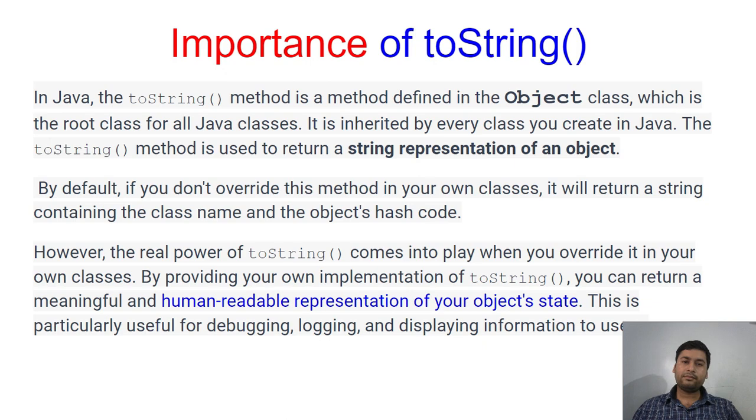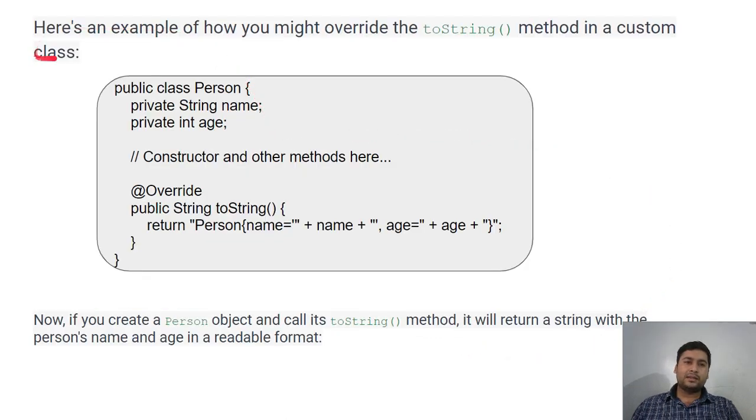If you see the examples I have written in the slide, here is an example of how you might override the toString method in a custom class. For example, we have a Person class having two variables, name and age, and you can create your constructor, getter, setter, whatever, but make sure to override the toString method.